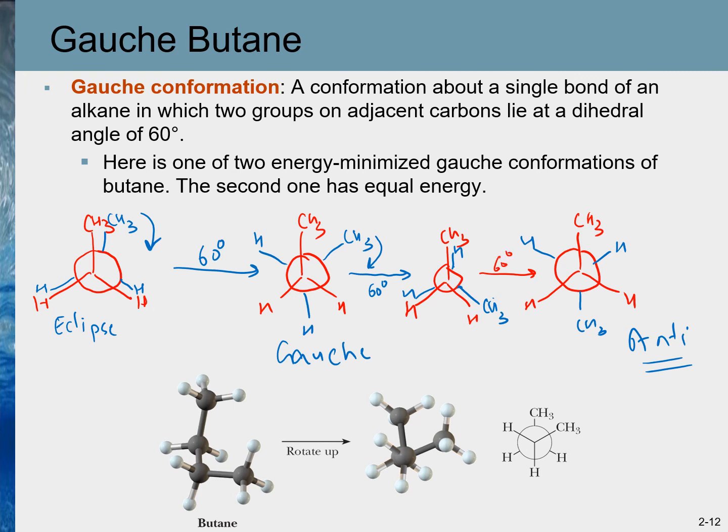So this one, although the methyls are not at the same position, is still known as eclipsed. So this is also eclipsed. It's again unstable, but not as unstable as the first eclipse. A rotation of 60 more degrees will bring this molecule to anti.